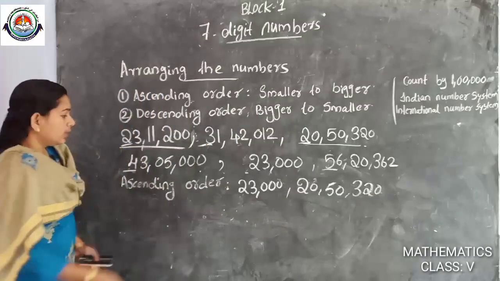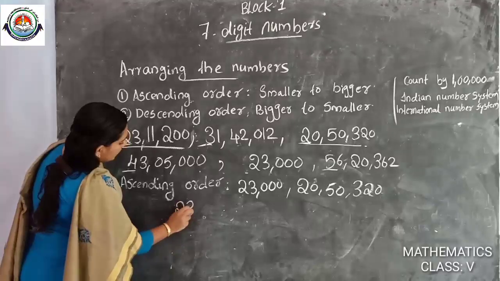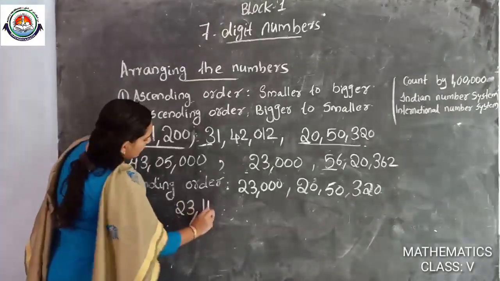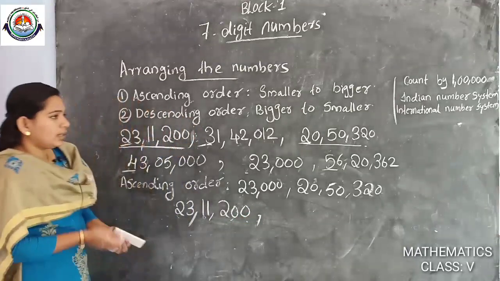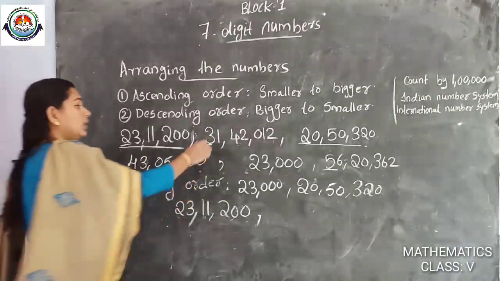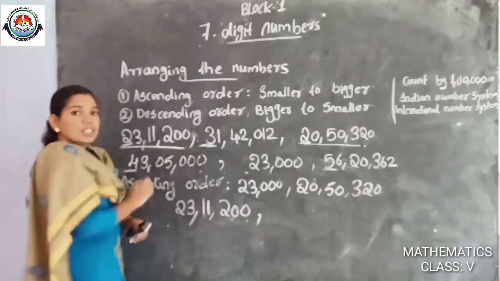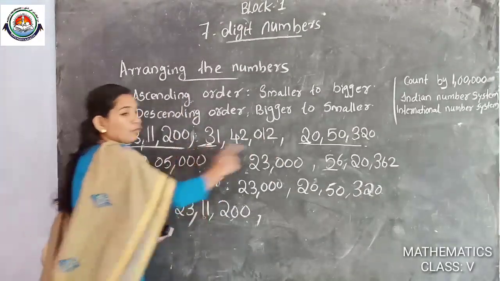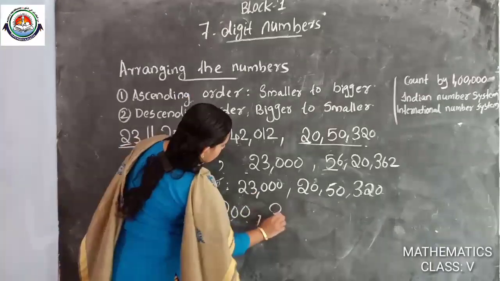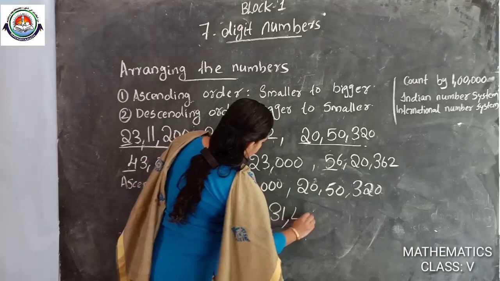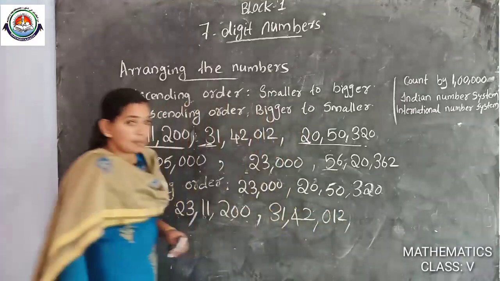Then the third smallest number is 23 lakh 11,200. Then we check these 3 numbers. Among 3, 4, 5, which is smaller? 3. So 31 lakh 42,012 is the next smallest number.